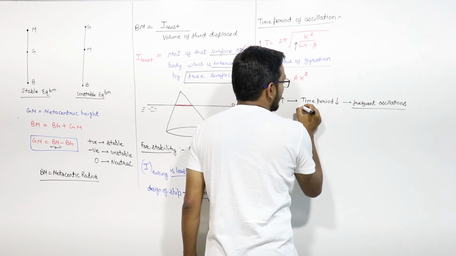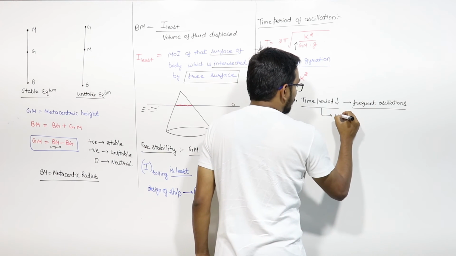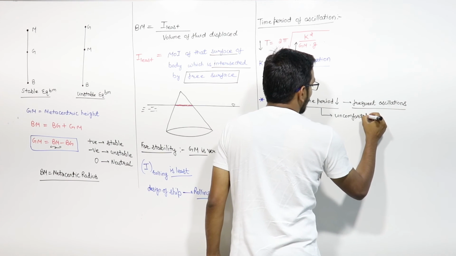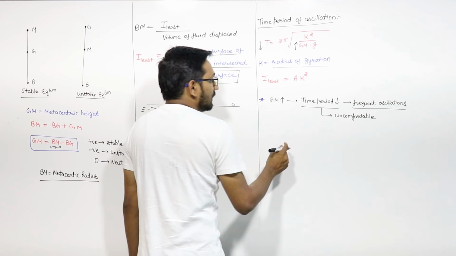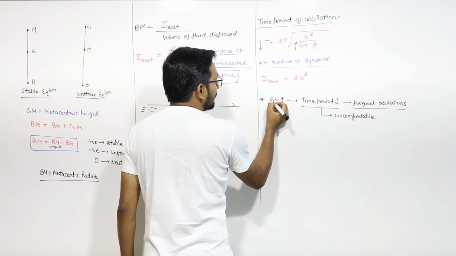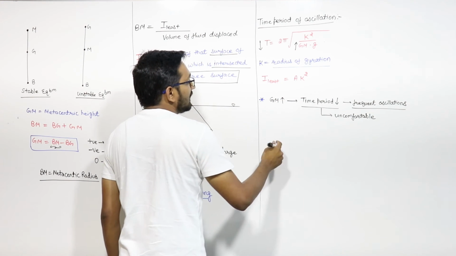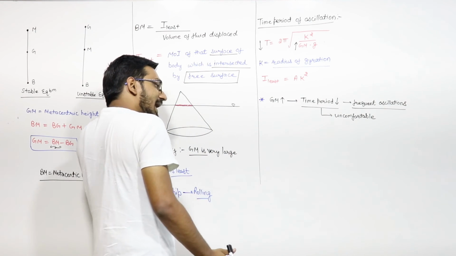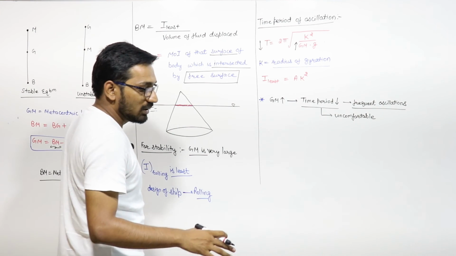If the time period is less, the body will go under frequent, very fast oscillations, and the ship will be very uncomfortable. So we cannot make the metacentric height very large. If you think about stability, you have to take a large metacentric height, but then the time period will be very small.